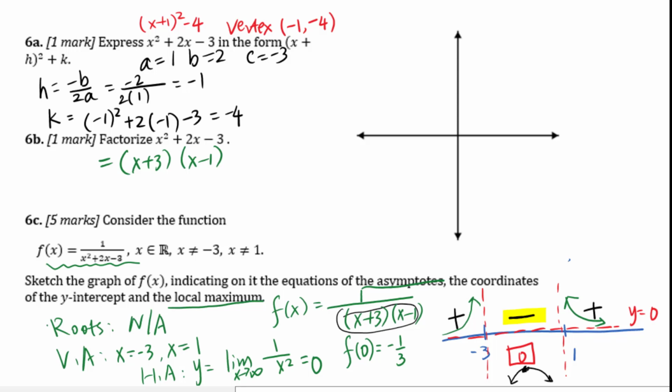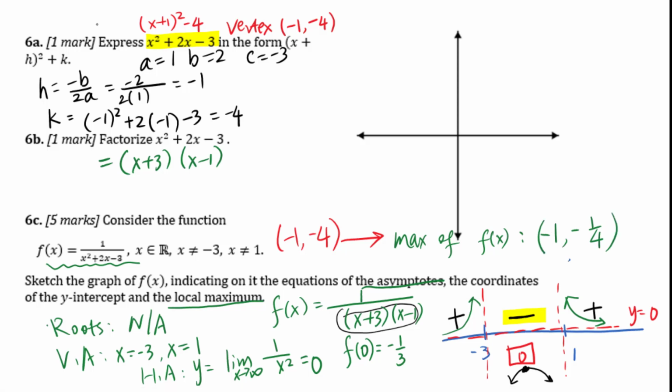What's this maximum point? We know for the denominator x squared plus 2x minus 3, the vertex, that's the minimum, is (negative 1, negative 4). Therefore, from there, we will get a maximum of f of x at (negative 1, negative 1 over 4).